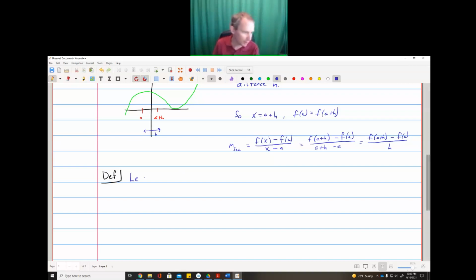So let f be defined, we'll just say it's a function, defined on some interval containing a. This thing that we're working with, this slope of a secant line, I'm going to label as something.